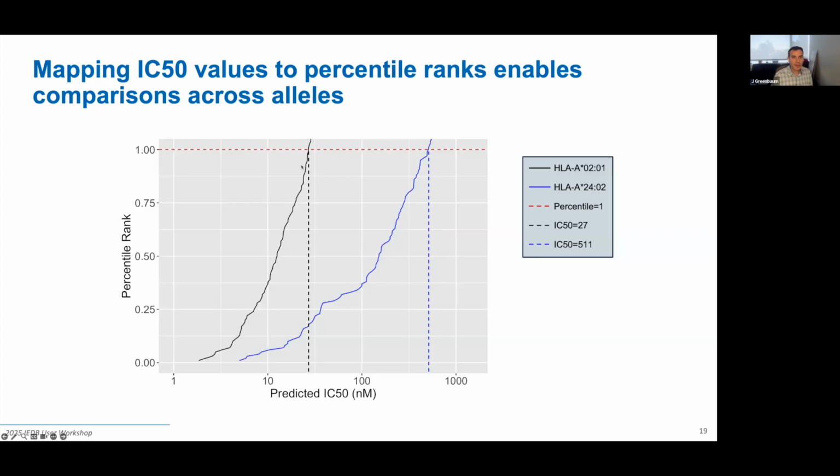So we can see, for example, the 1 percentile for HLA-A0201 hits at about 27, and the 1 percentile for HLA-A2402 is at 511. And so the percentile rank is just a nice way to normalize the values and control for the allele-specific or predictor-specific effects.